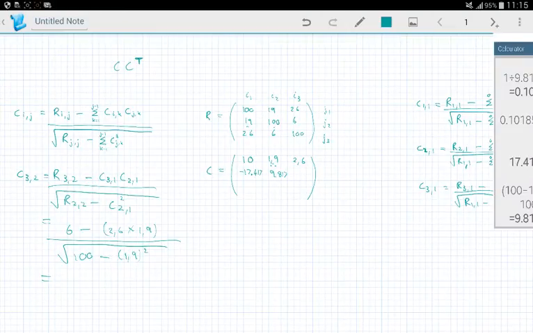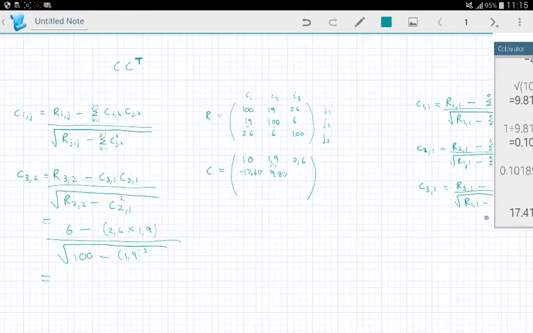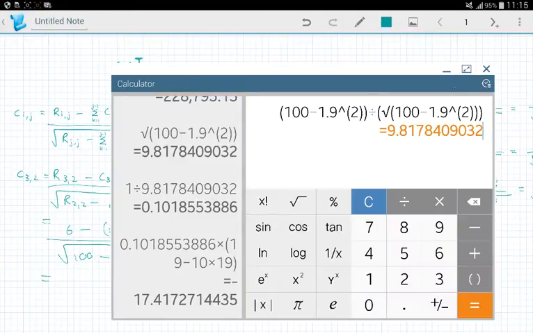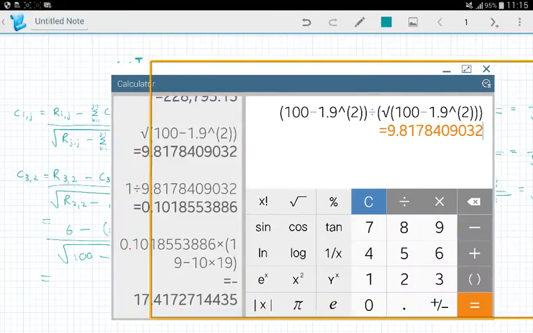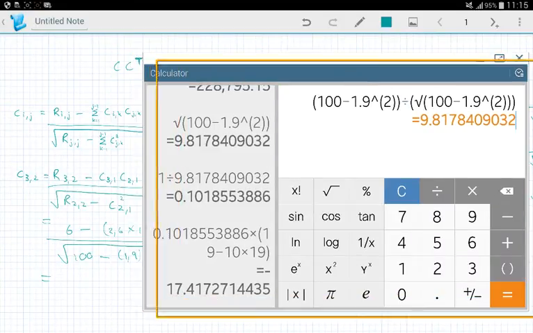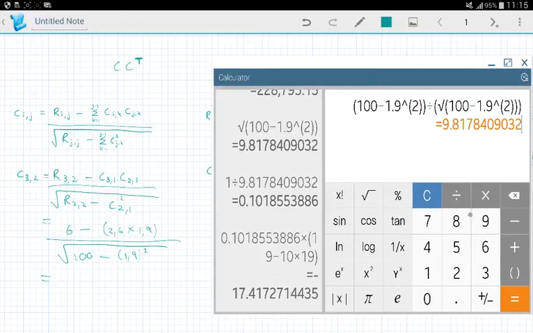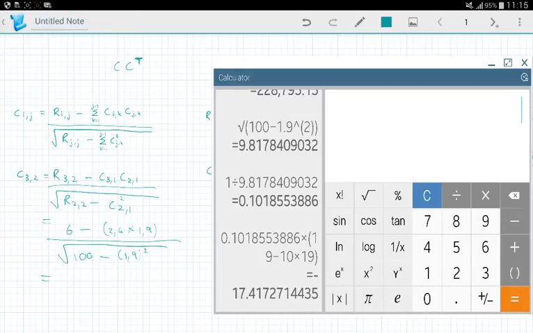What's happened to our calculator? Come over here, calculator. No. Oh, there we go. We've got the calculator back. Let's maybe make it a bit smaller. Okay. Clear all information.